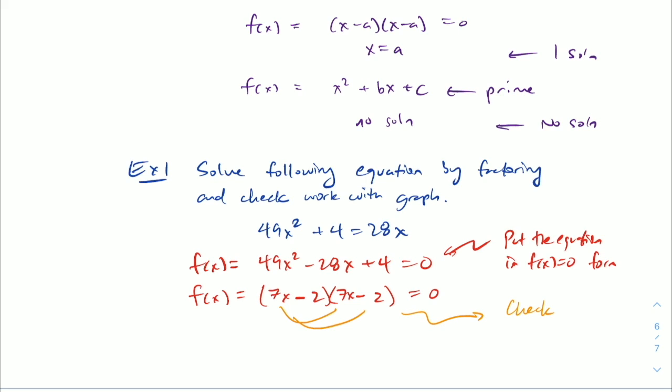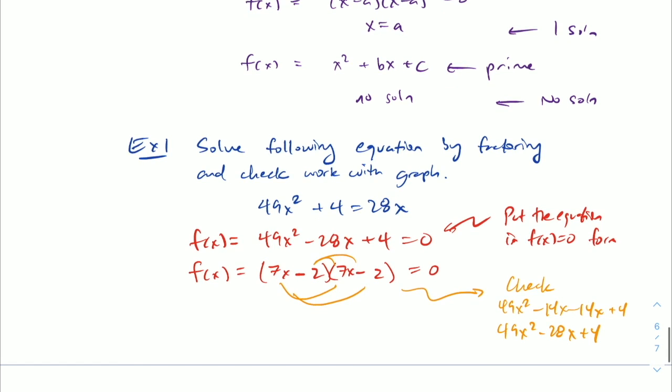So if we distribute the 7, we'll get 49x squared minus 14x. And we distribute the 2, we'll get negative 14x plus 4. And that is the original. So our work does check out.